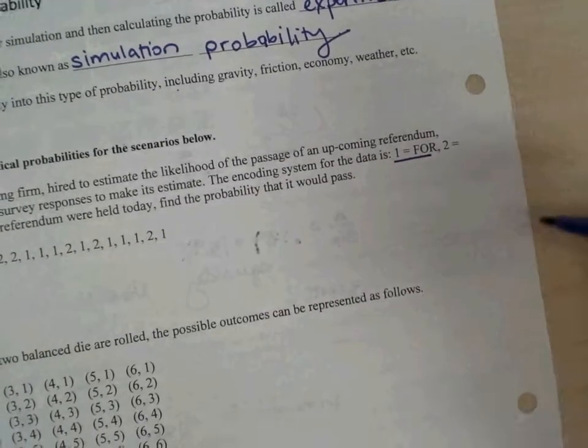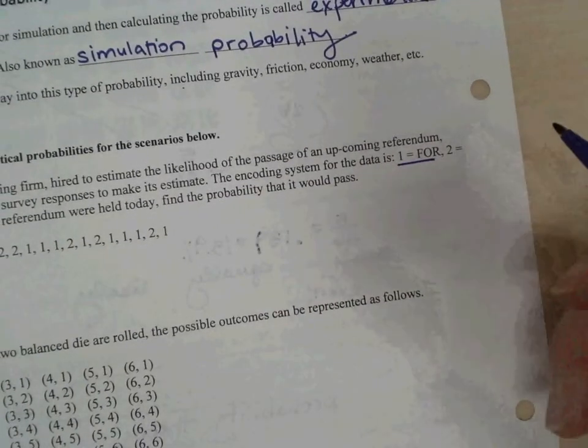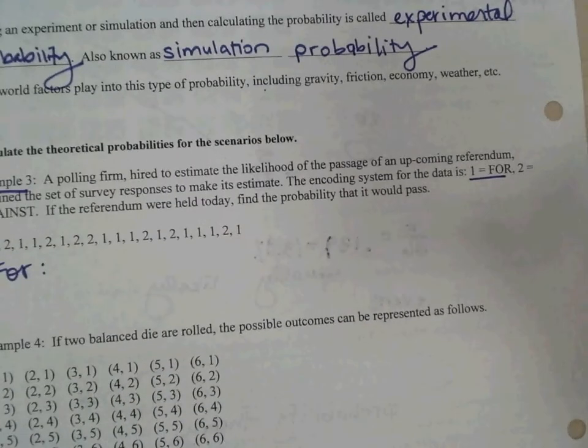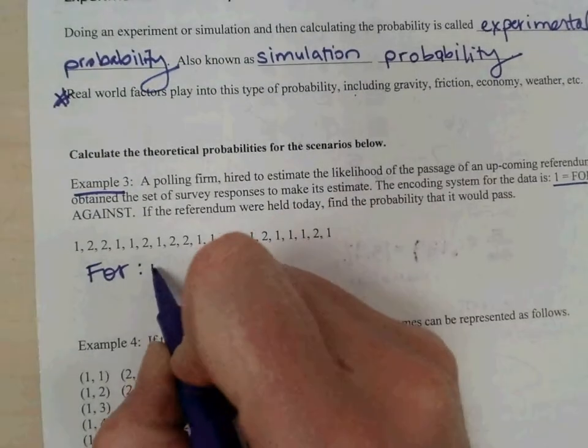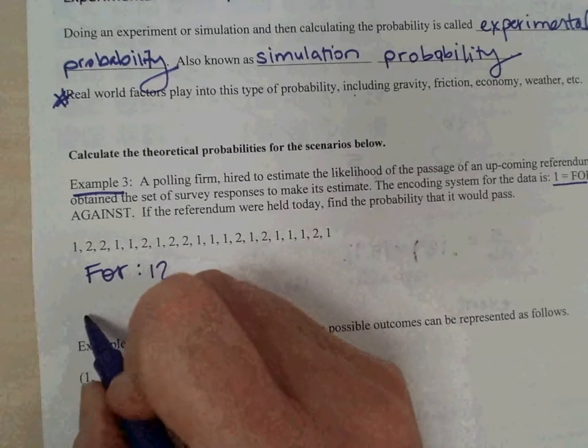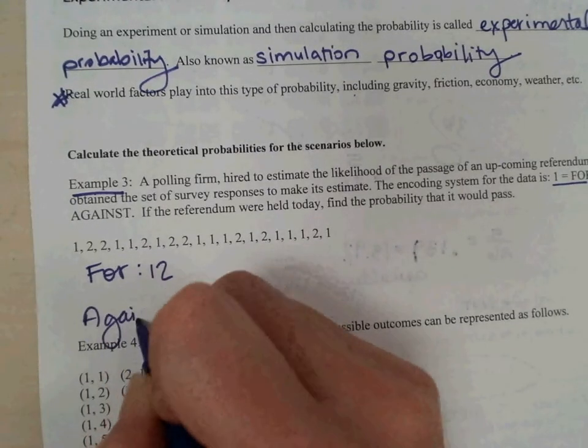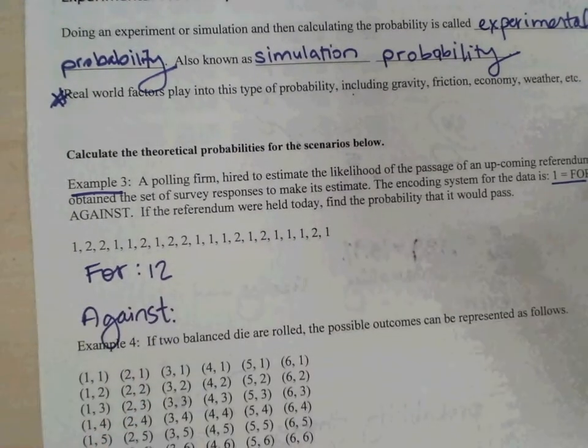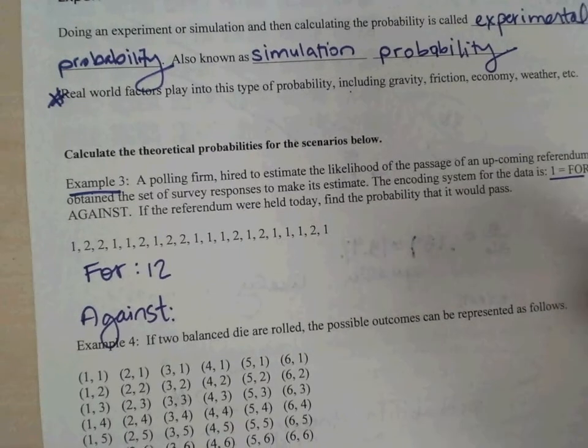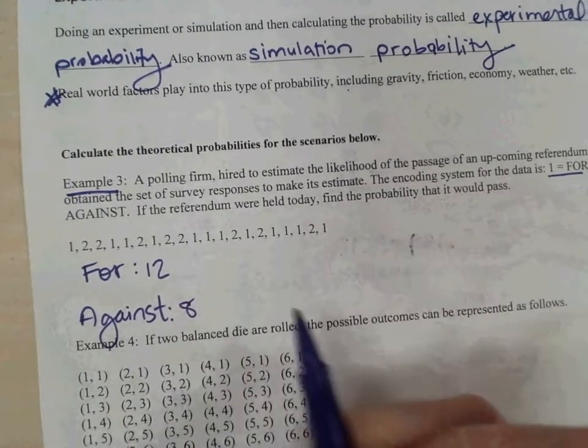Thank you. So for, that's the number 1. The code for "for" is 1. How many 1s are there? 12. Nice. Always somebody counting ahead. And then against, which is the number 2, how many are against? 8. 8, correct.